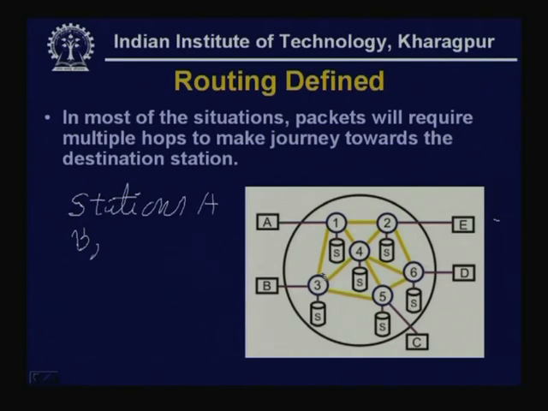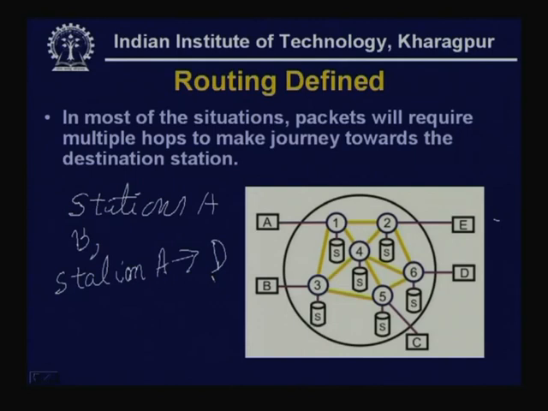Nodes are essentially switches, and the stations are connected to nodes, and nodes in turn may be connected to some other node or connected to other stations. And as we can see, suppose station A wants to send a packet to, say, station D.